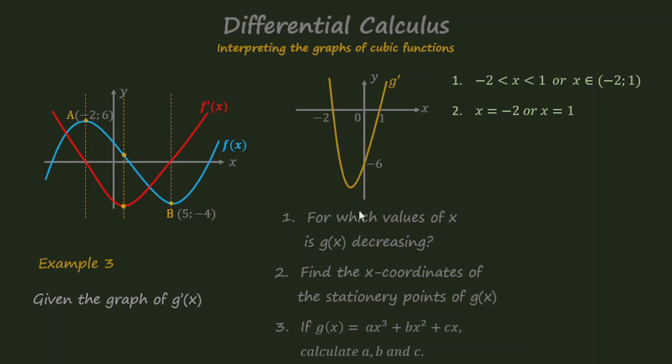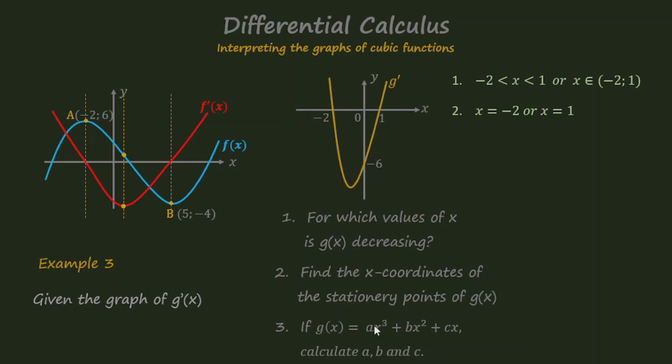Now, they say if the original graph of g is given by ax cubed plus bx squared plus cx, calculate a, b, and c. The information that we've been given is all on the derivative of g.